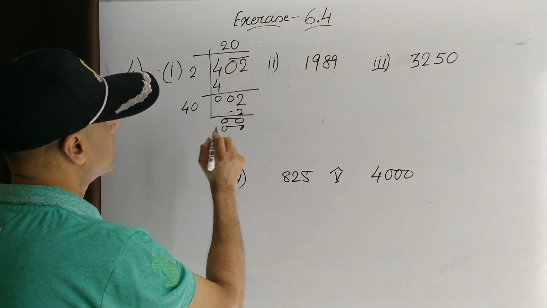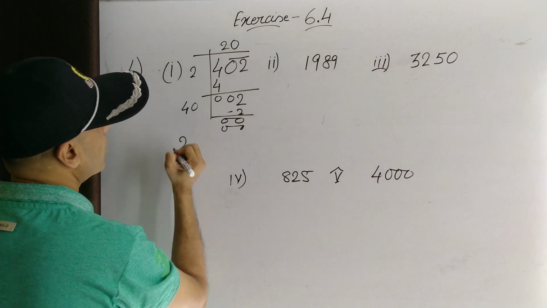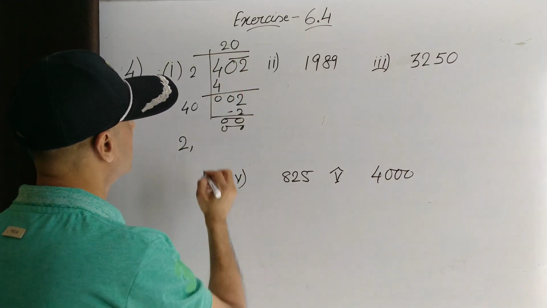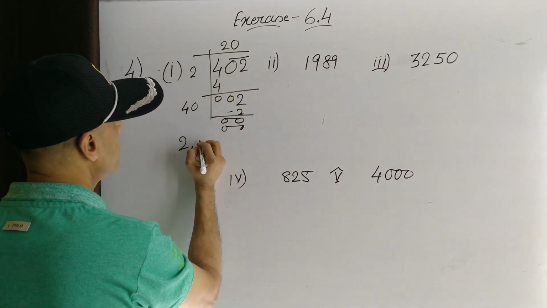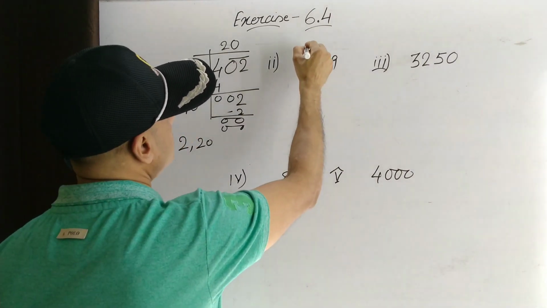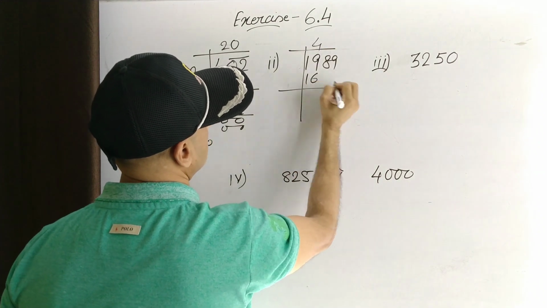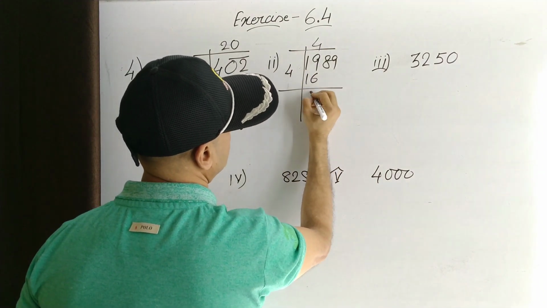So the smallest number to subtract from 402 will be 2, and the new number will be 400, and the square root of 400 will be 20. Clear?